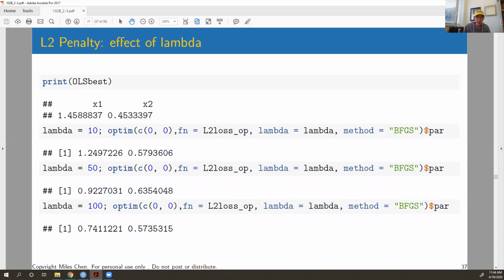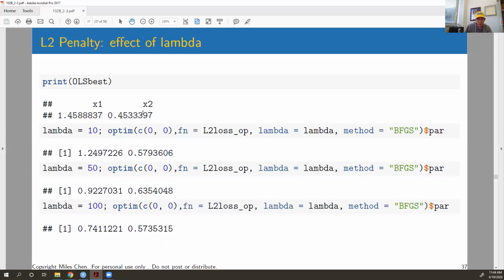We start off at 1.45 and 0.453. As we increase lambda, look what happens. The W1 term goes from 1.45 down to 0.249, down to 0.922, down to 0.74. But look at W2 when lambda is 10, 50, and 100.